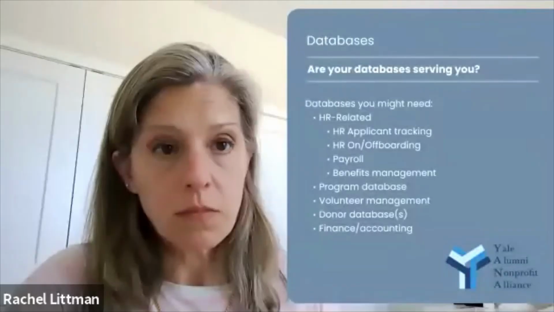As far as applicant tracking and sort of our onboarding, we use something called JobVite, but we're actually moving over to something called Applicant Pro. So again, a Google search, you can really find so many different options out there, and choosing is the hardest, right?